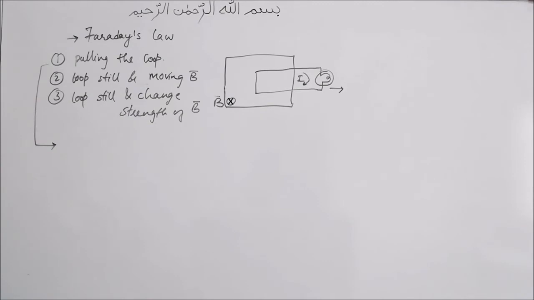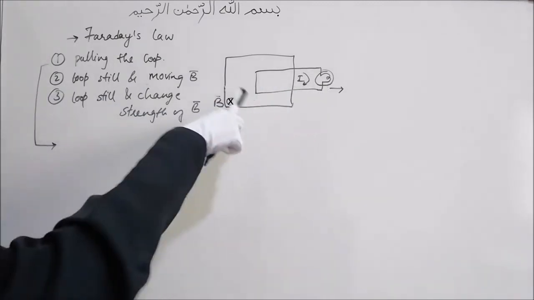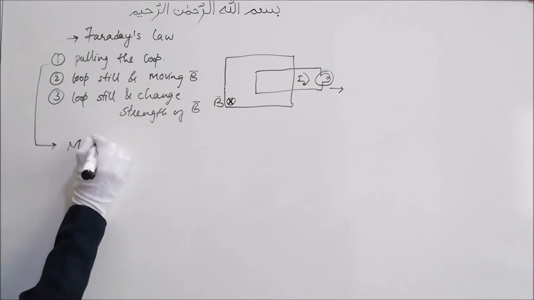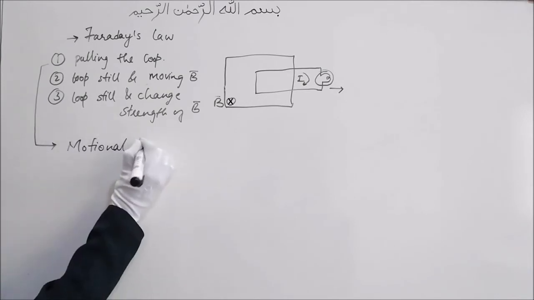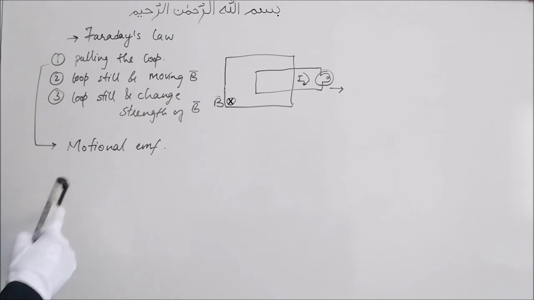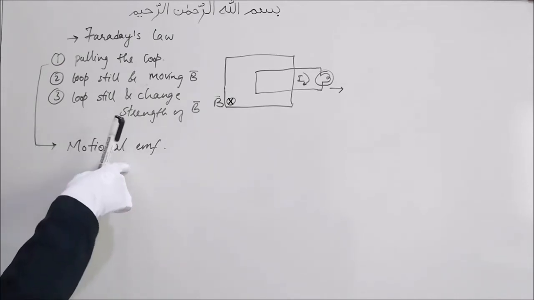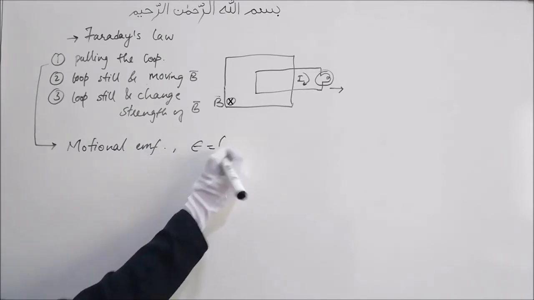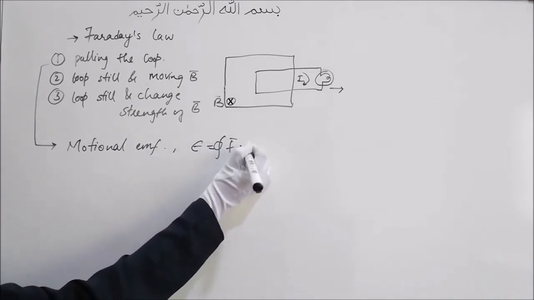The EMF that arises when you move the wire in a constant magnetic field is known as the motional EMF. And here it is the magnetic force that is setting up this motional EMF. So we just saw the formula for EMF, which was closed integration F bar dot dl bar.